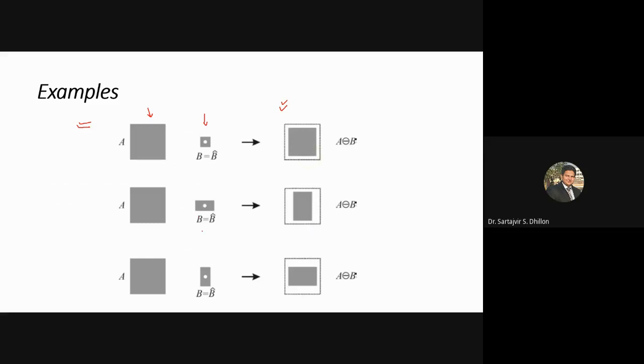When you apply this type of structuring element, you will get this type of information. The last one is already shown to you. Here you can recognize the difference between the input and output images on the basis of the structuring elements. This one is your input, that is your output, and the middle one represents the structuring element.